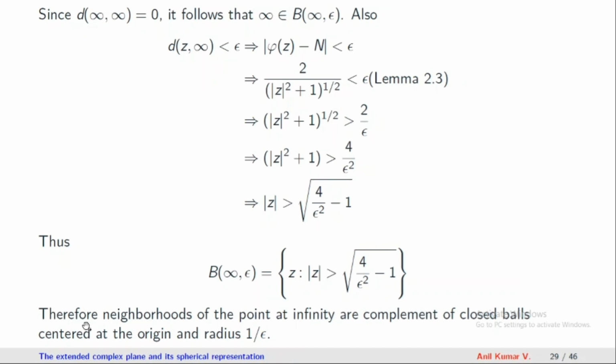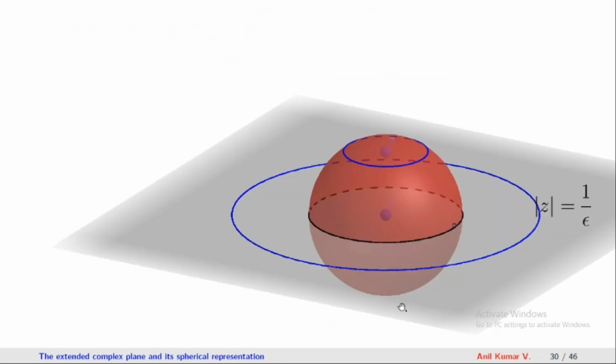So the neighborhoods of the point at infinity are complements of closed balls centered at the origin and radius 1 by epsilon. So this is the unit ball, and this is the circle mod z is equal to 1 by epsilon.